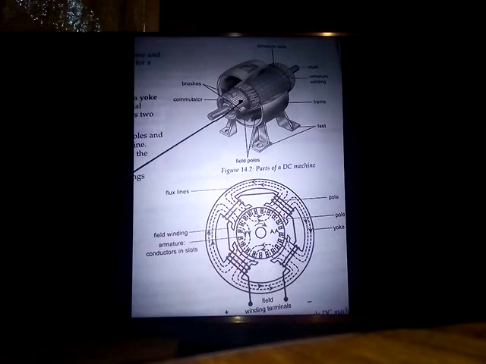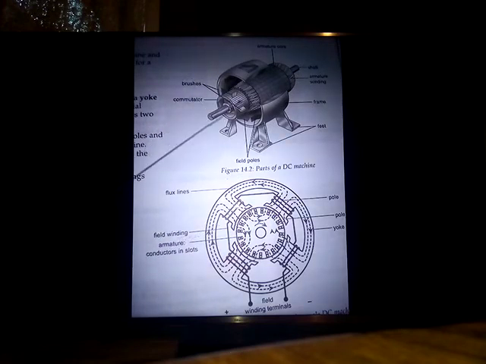See, the commutator sits here, and then the contact for these armature conductors to the external circuit is through the brushes. So the connection is through the brushes.